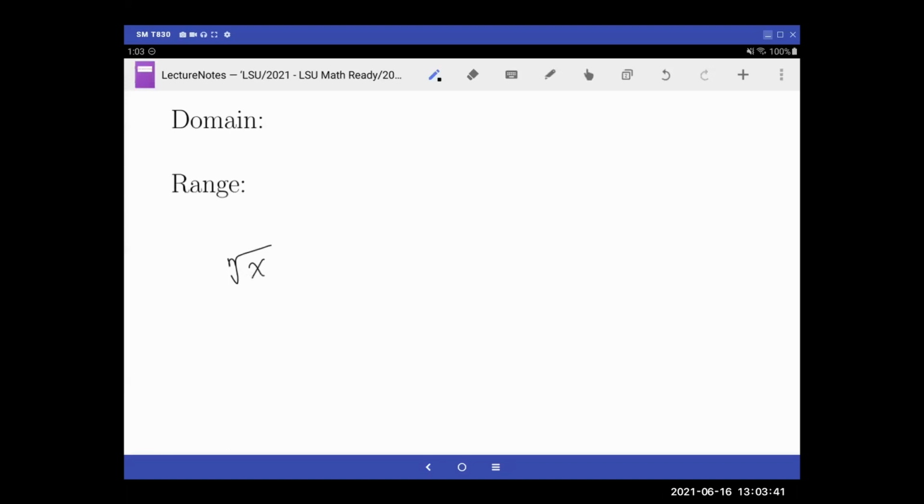Okay, and so if that nth root is even, if n is even, then the domain is going to be some cutoff number, but in this case, it's going to be 0 to infinity.